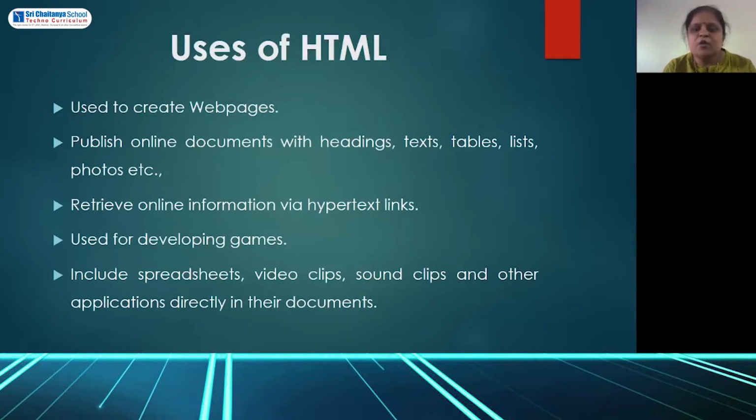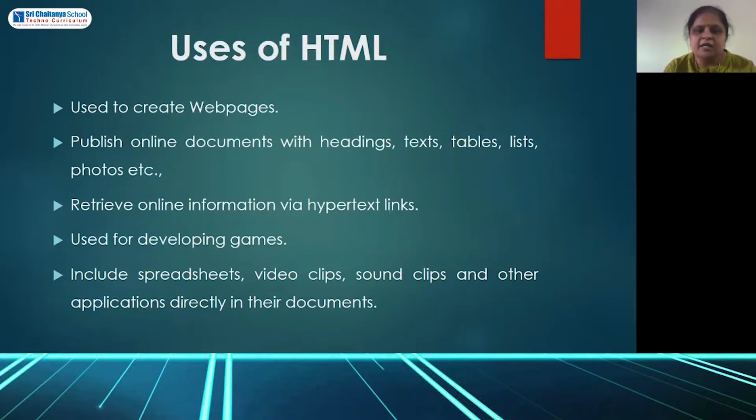Okay, so what are the uses of HTML? What can we do using these HTML markup tags? It is used to create web pages. We can publish online documents with headings, text, tables, lists, photos, videos, etc. We can retrieve online information via hypertext links, meaning from one page to another page we can jump using hyperlink text.